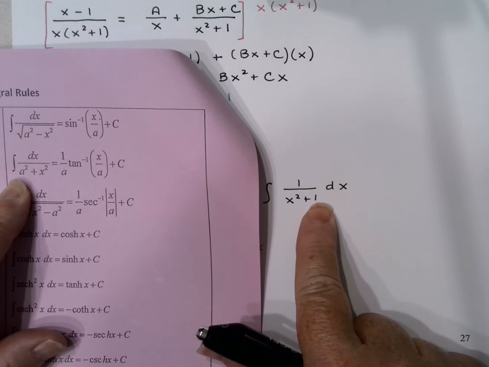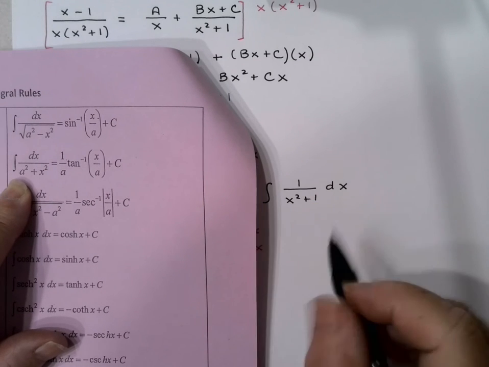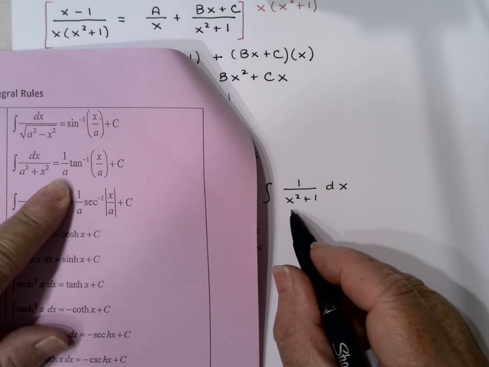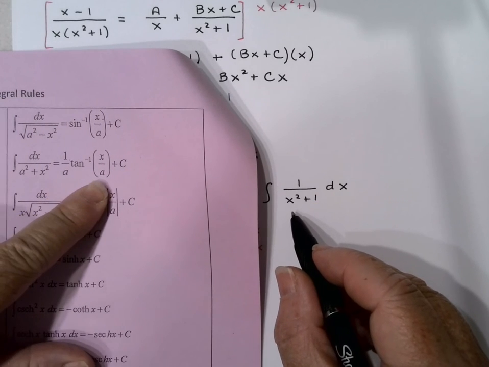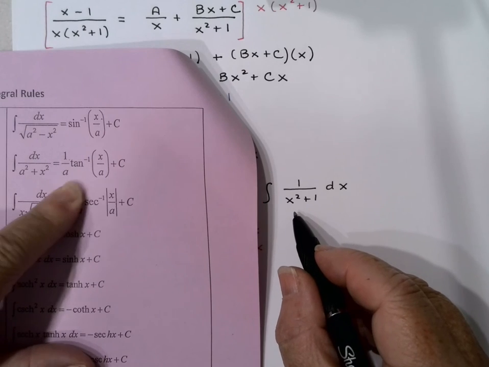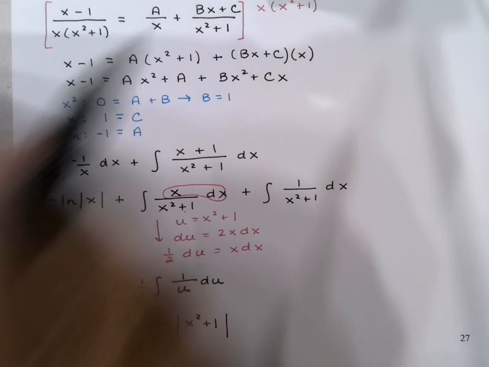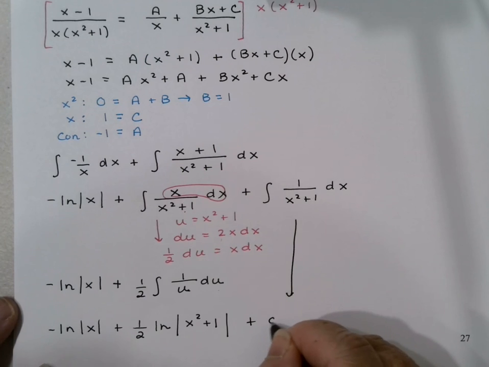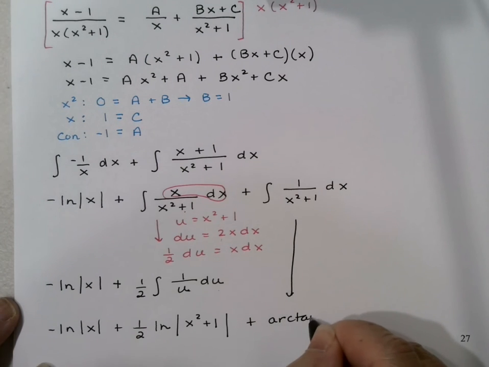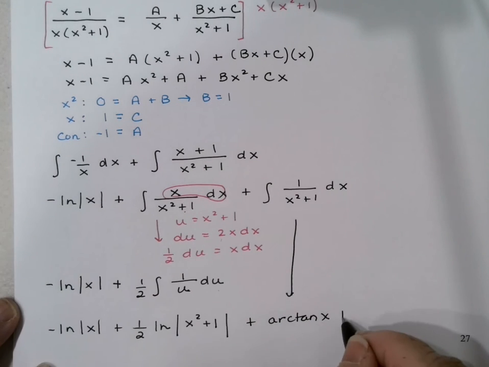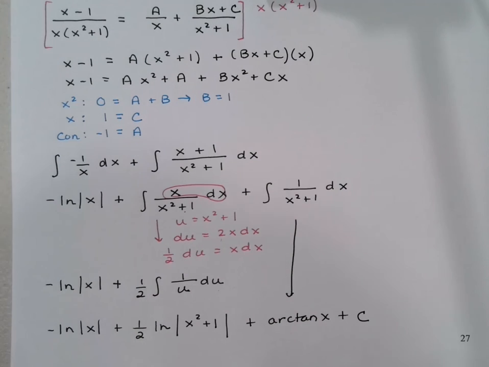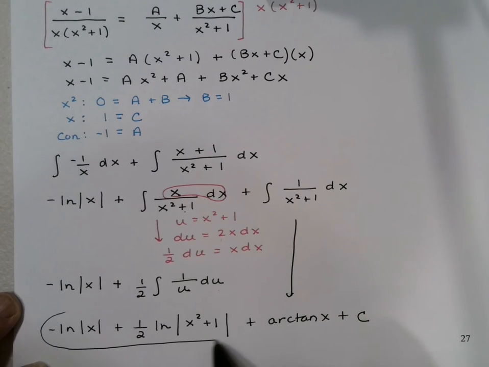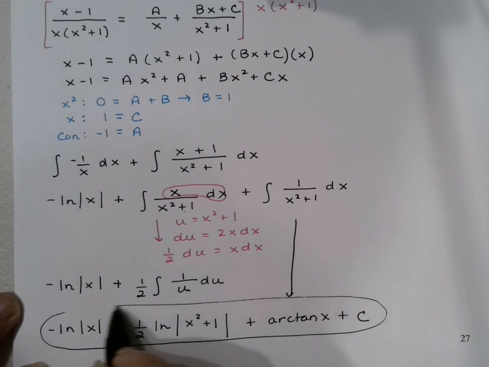If the a is 1, then I'm going to get just 1 over 1 times the arctangent of x over 1, or in other words, arctangent x. Plus c. Since these have different coefficients, I'm not going to bother even trying to combine these. You can play with it if you want to, but I'm just going to leave it like that.